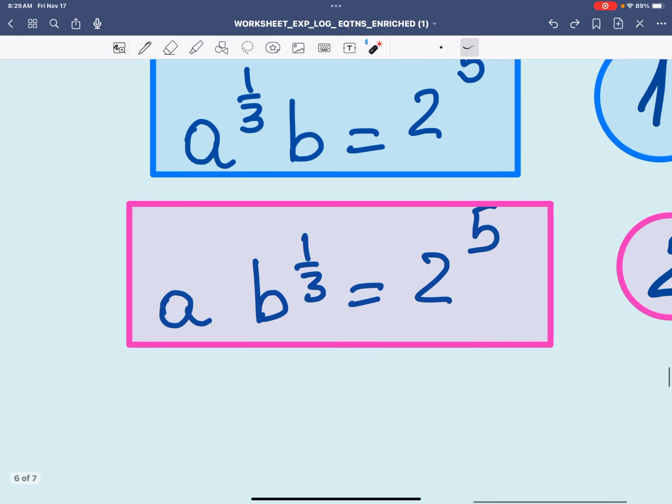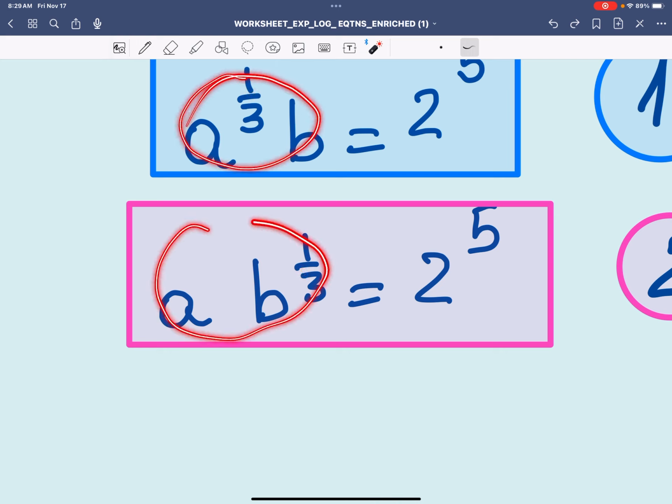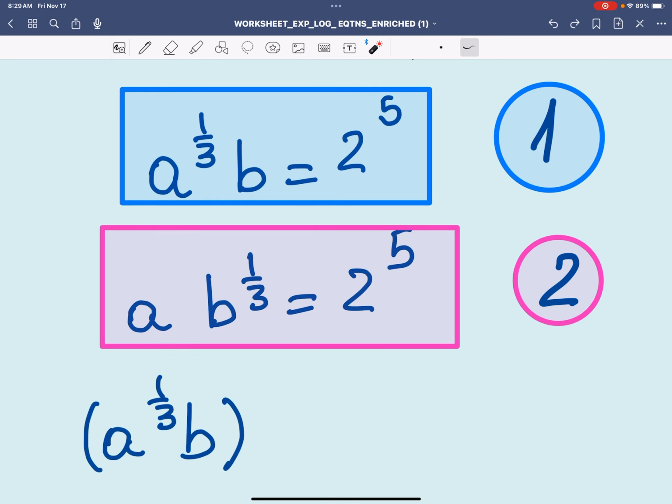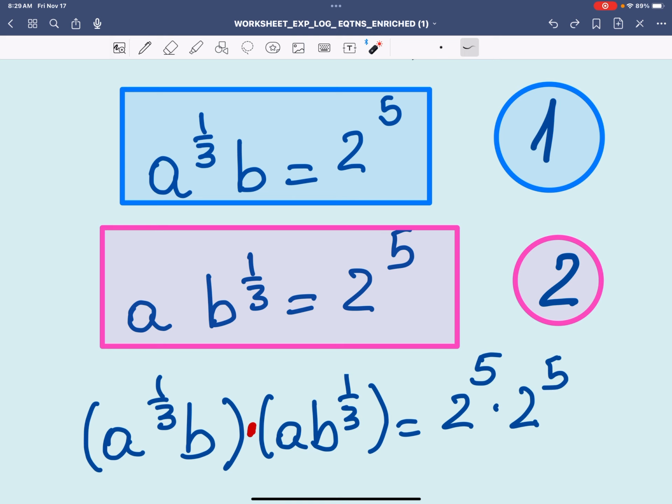Since the powers here are kind of swapped, it makes me think that if I multiplied this with this, I would get the product ab of the same power. The way this would look is a to the power 1 over 3 times b, multiplied by ab to the power 1 over 3, would equal 2 to the power of 5 times 2 to the power of 5.